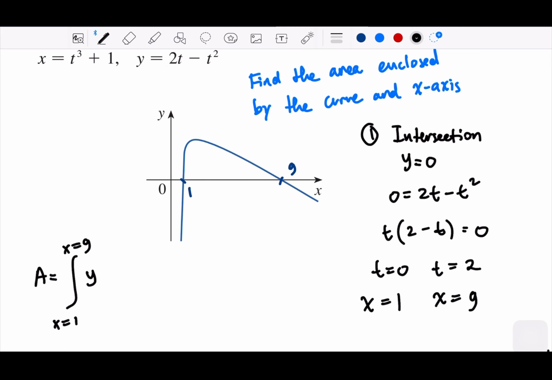Usually we write yt minus yb. T is for top, B is for bottom. If we have two curves, then it's the top minus the bottom one, if you remember calculus one, and then dx.